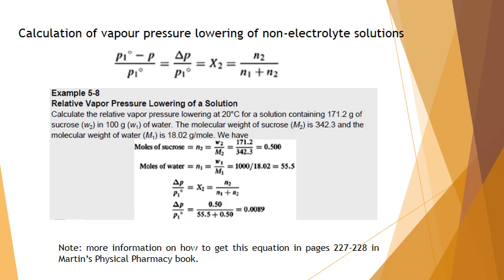If you want to know more information on how to get this equation, or more examples on how to calculate the vapor pressure lowering of other kinds of non-electrolyte solutions, you can find this information on pages 227 to 228 in Martin's Physical Pharmacy book.